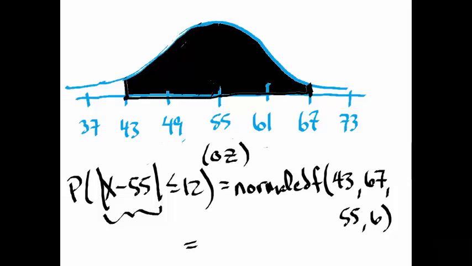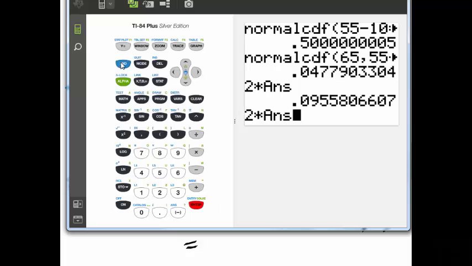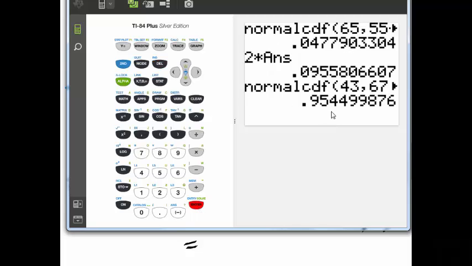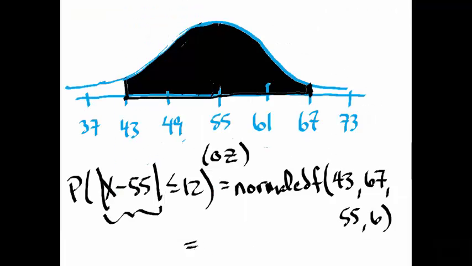So I go to my calculator, and sure enough, if I do normal CDF of 43, 67, 55, 6, and press enter, I get approximately 95.45%, 0.9544998. Again, that empirical rule comes from looking at normal random variables.